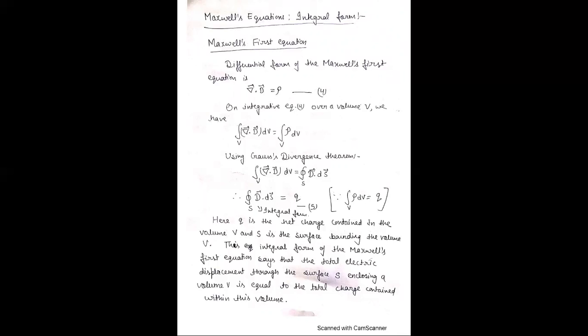This integral form says that the total electric displacement D through the surface S enclosing a volume V is equal to the total charge contained within this volume. Therefore, the closed surface integral of D dot dS is equal to Q. Here there is an integration, therefore this is the integral form of Maxwell's first equation.